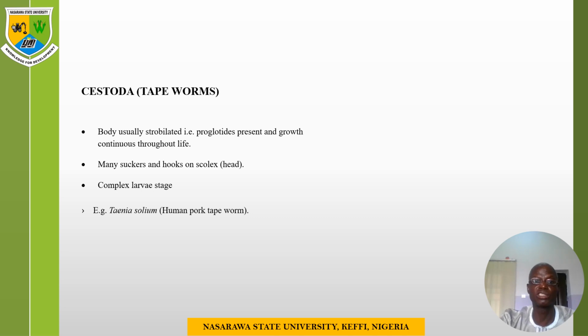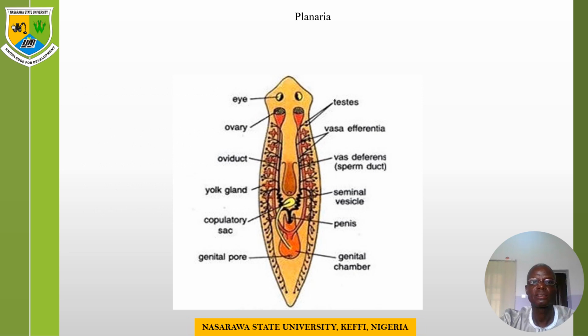An example of these organisms is Taenia solium, that is the human pork tapeworm. This is planaria, a picture of planaria with the parts labelled for your understanding.